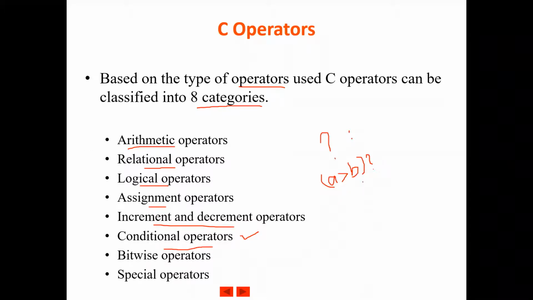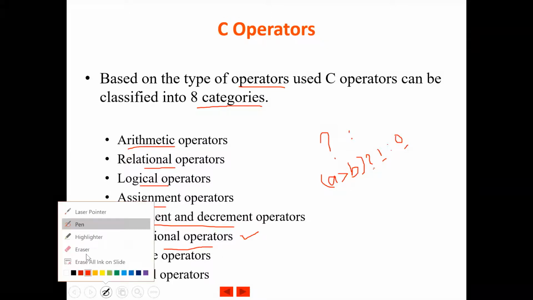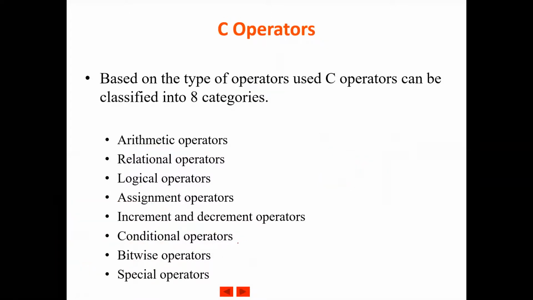So if A is greater than B, then we return 1, else we return 0. This is known as a conditional operator. In a single line, we can write a big check: if A is greater than B, then we return 1 or we return 0. We will learn it again in this chapter, no problem. I'm just reminding you because we studied conditional operator already in the data types chapter.